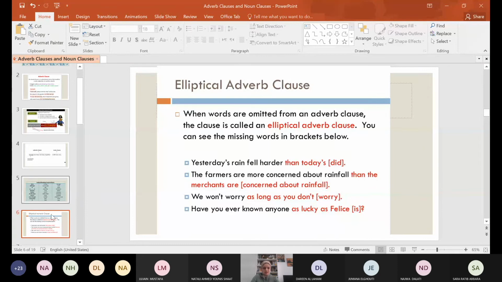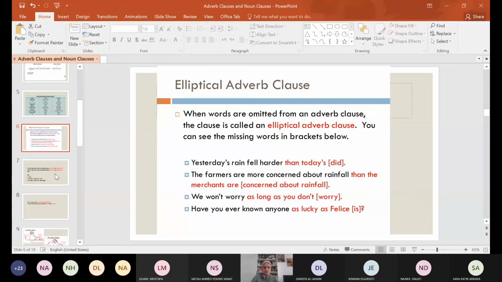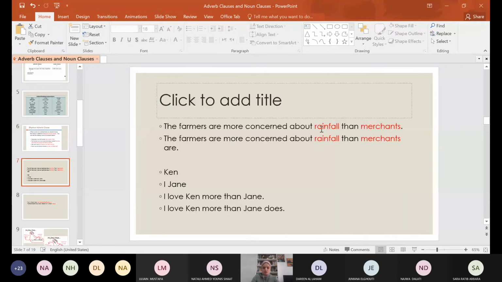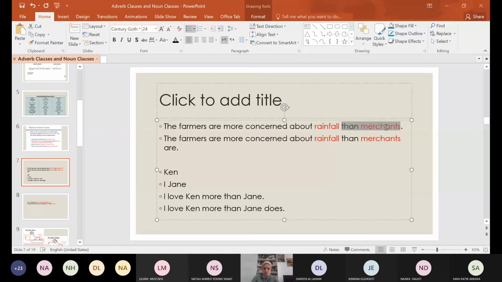Here, the farmers are more concerned about rainfall than merchants. The full form: the farmers are more concerned about rainfall than merchants are. I explained its meaning, but if you don't get the meanings, you're not asked to know the difference. Here the farmers care about rainfall more than they care about the merchants.